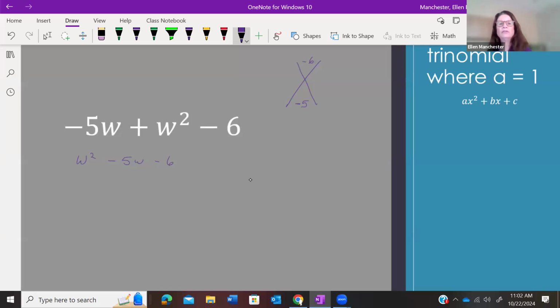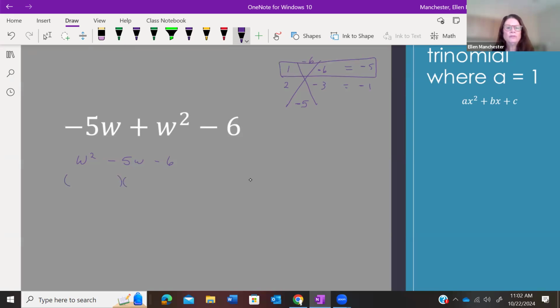Okay, so factors of -6: 1 and 6, 2 and 3. One of them has to be negative. I look down here and I go, okay, my bigger number has to be negative. When you add them, 1 plus a -6 is -5. 2 plus a -3 is -1. So I know that my factors are 1 and -6.